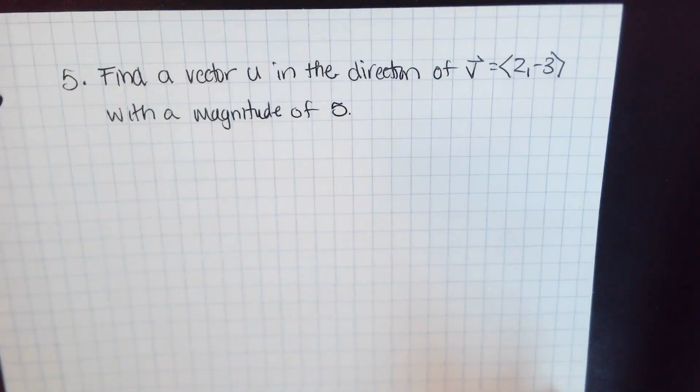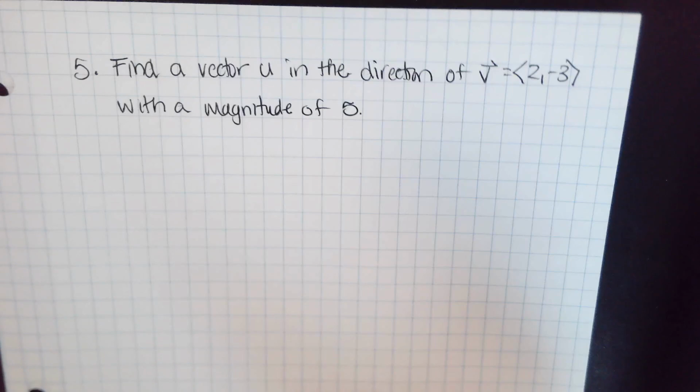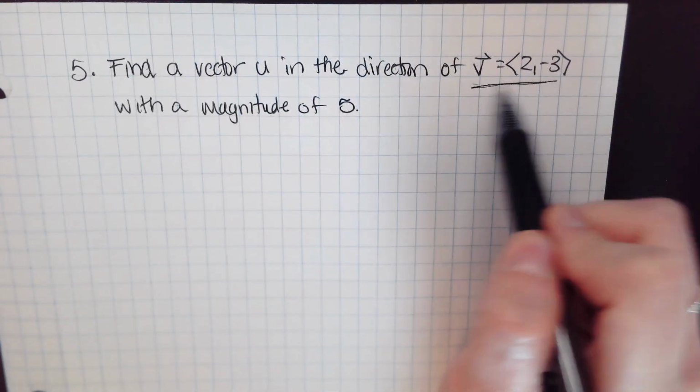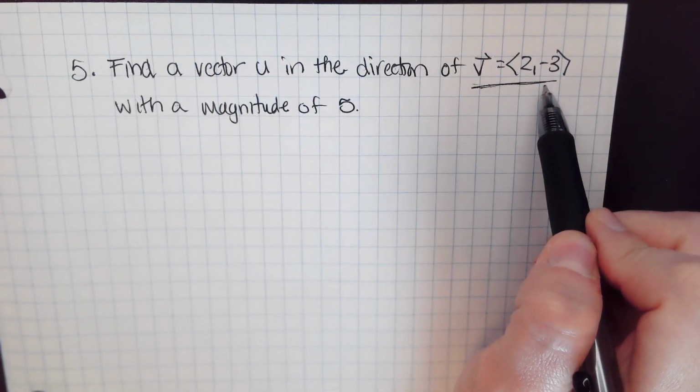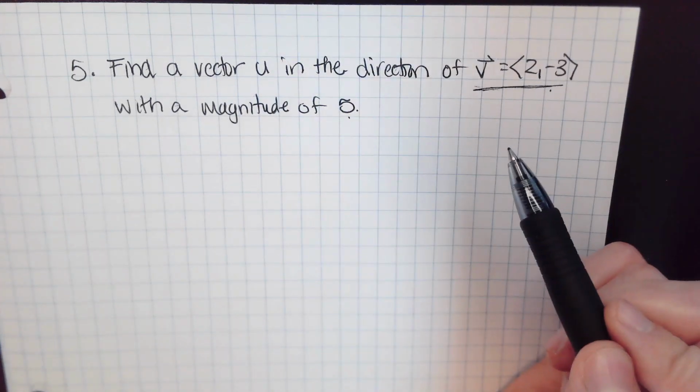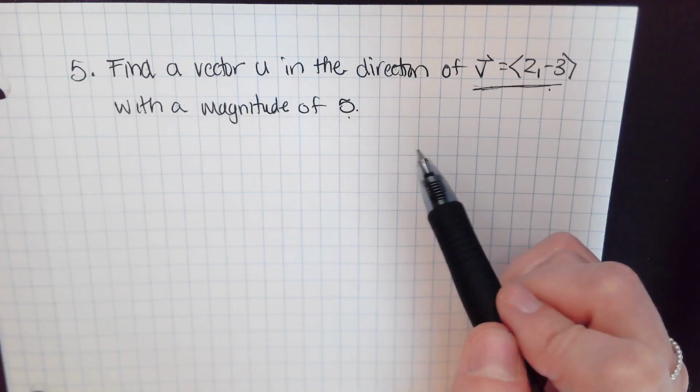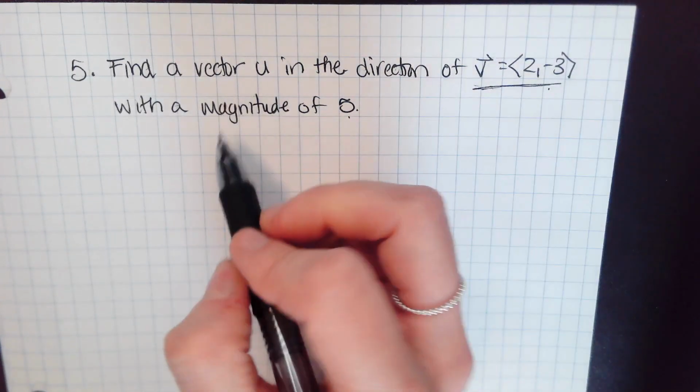So for this one, again, you're going to do it the same way we just did the last one. First, find your unit vector of V. Once you find your unit vector, then you can multiply it through by 5. Pause the video and do that right now.